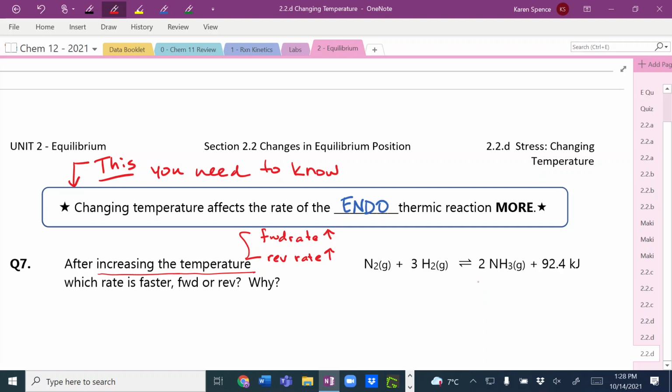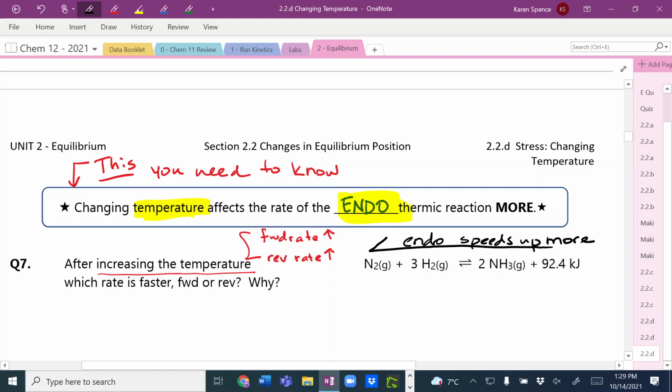We're doing temperature, and remember, temperature affects the rate of the endothermic reaction more. Which is our endothermic reaction? That would not be the forward reaction, that would be the reverse reaction. So this rate, this is our endothermic rate, speeds up more. And our reverse rate also speeds up, but not as much because it is exo.